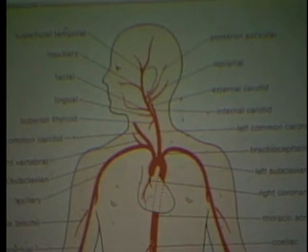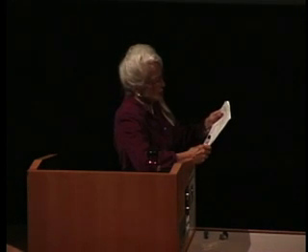So now, which is not correct? The internal carotid artery terminates in the middle cerebral. Does the internal carotid terminate in the middle cerebral? I hear lots of wrong voices.